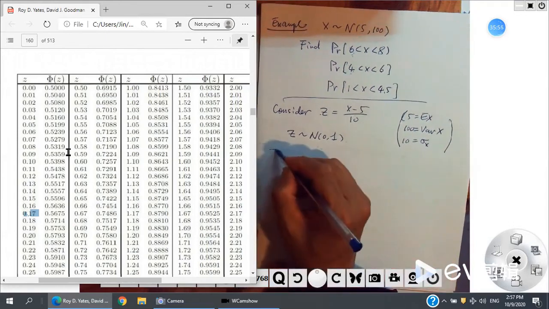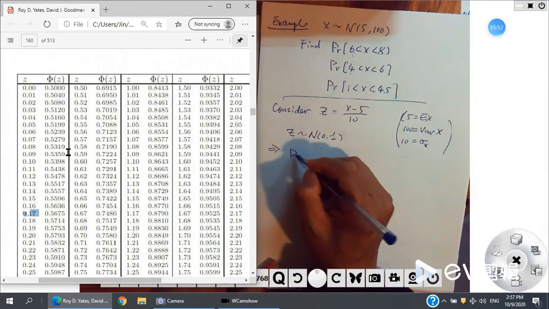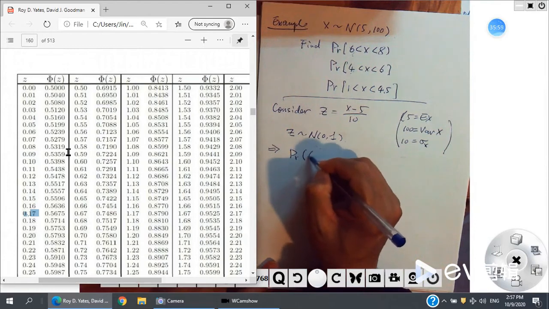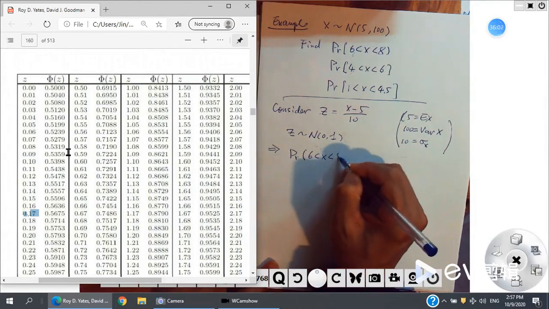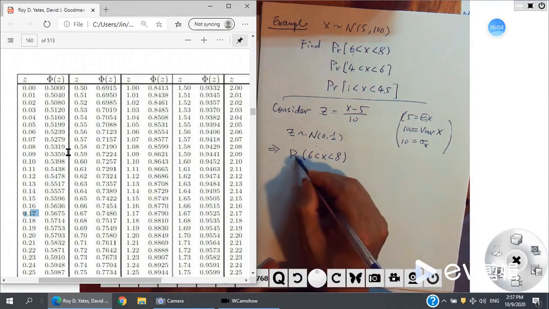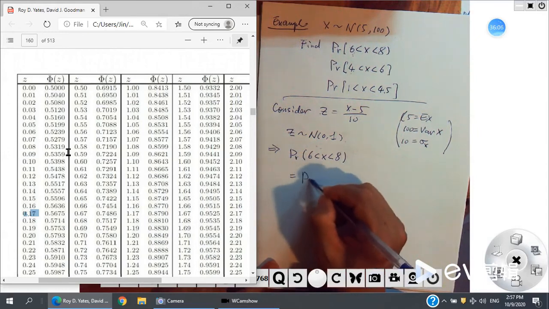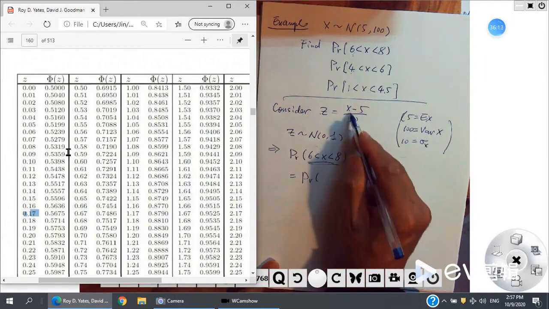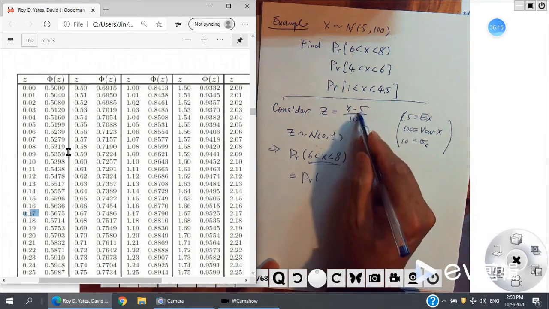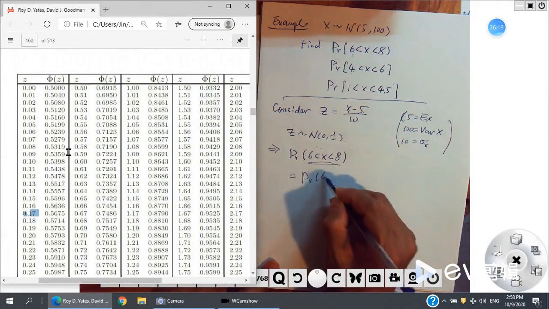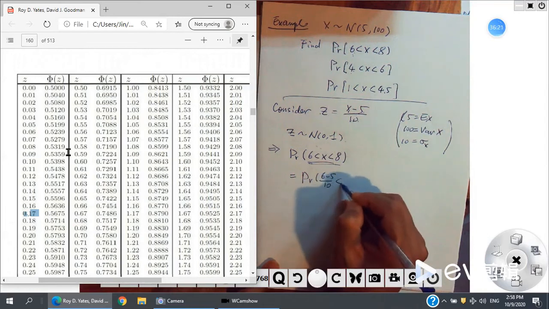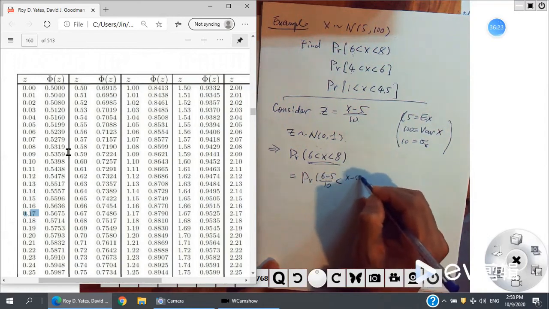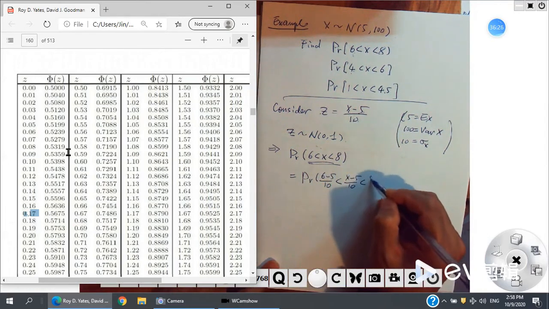So the probability of 6 smaller than x smaller than 8, I want to write this event in terms of z. So I need x minus 5 over 10, then 6 minus 5 over 10, smaller than x minus 5 over 10, and smaller than 8 minus 5 over 10.